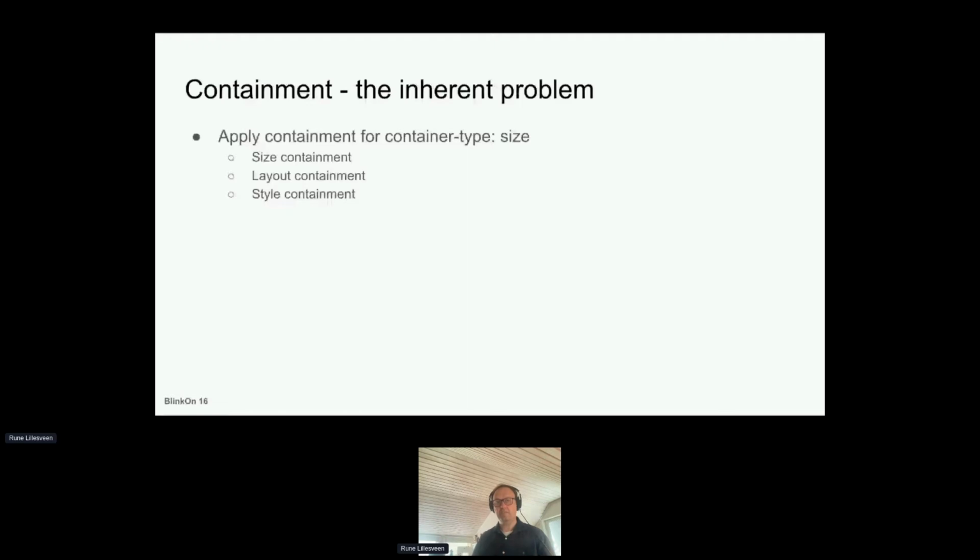Size containment is about intrinsic sizes not affecting the size of the element itself. And style containment is basically about counters and quotes not affecting counters and generated quotes outside of the style contained element. So this is something that we thought that we needed to be able to implement container queries at all.